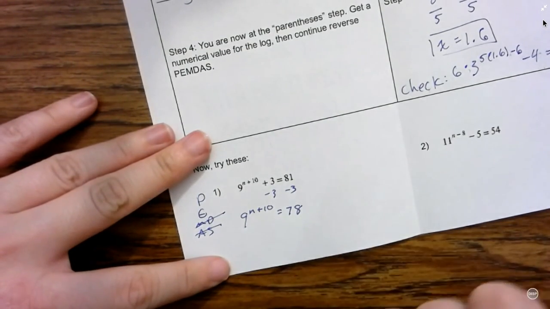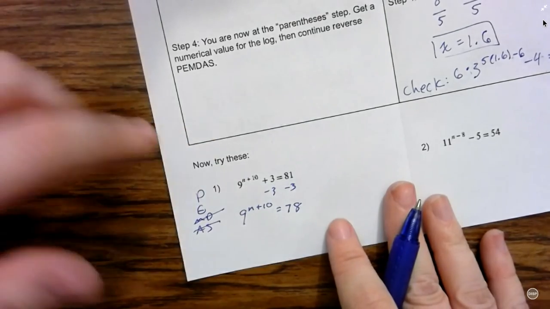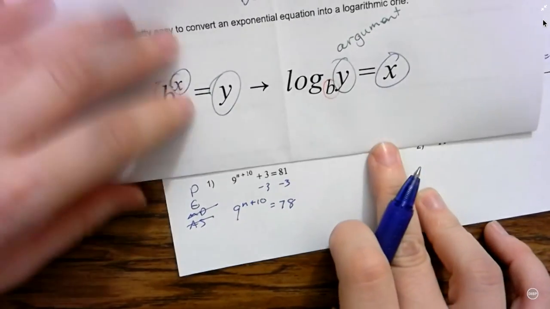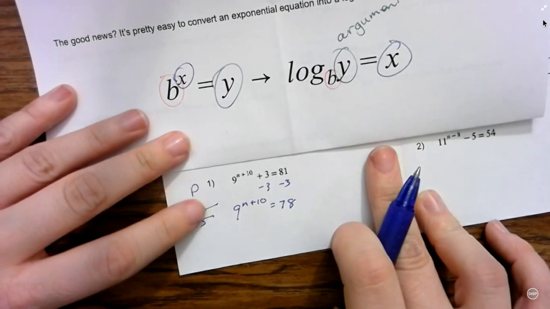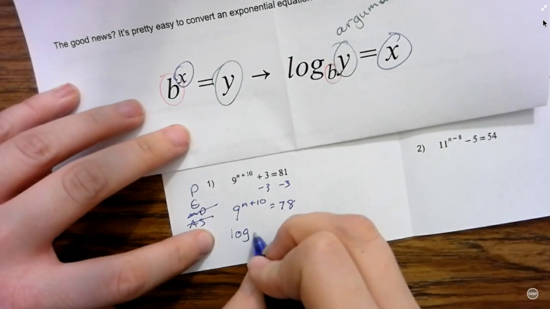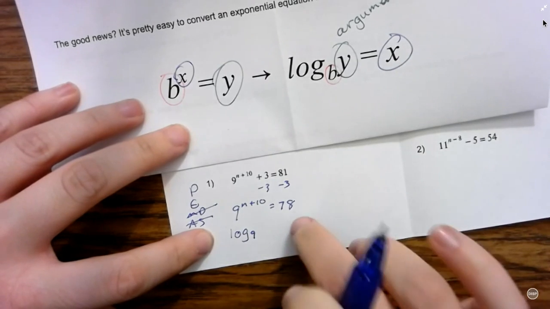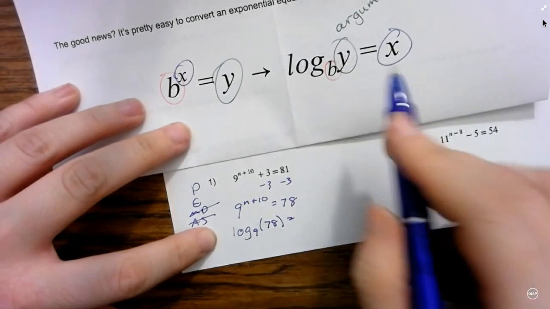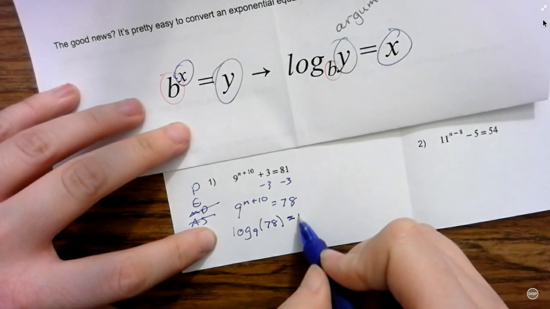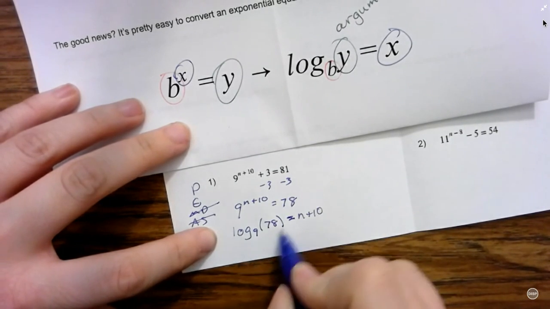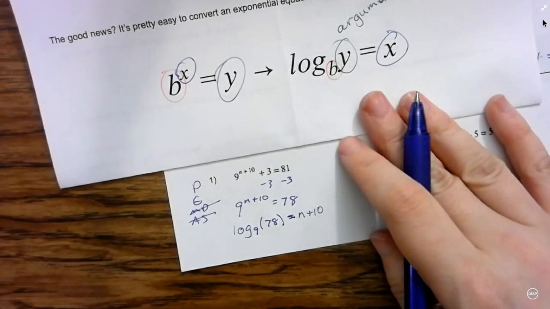So I'm now on my exponent step, which means I need to convert it to a logarithm. So you want to have this in front of you. Take the base of your exponent and make it the base of your log. Then take the right-hand side and make it your argument. And then take your exponent and put it on the right side. And then this shouldn't have any variables left in it anymore, so you can just put that in your calculator.